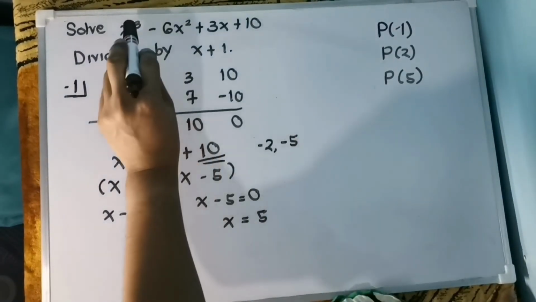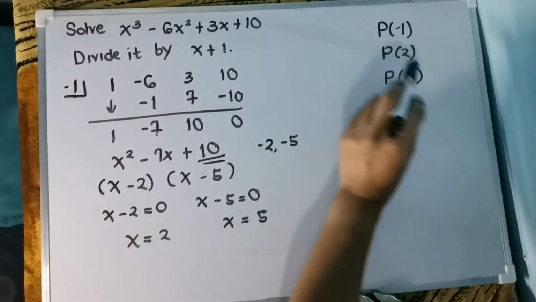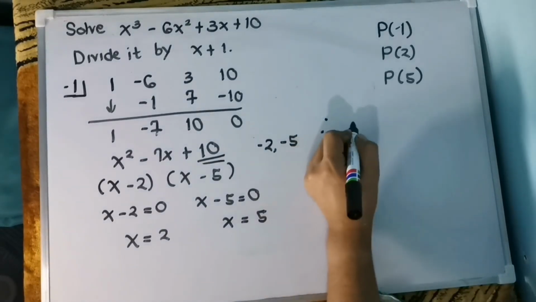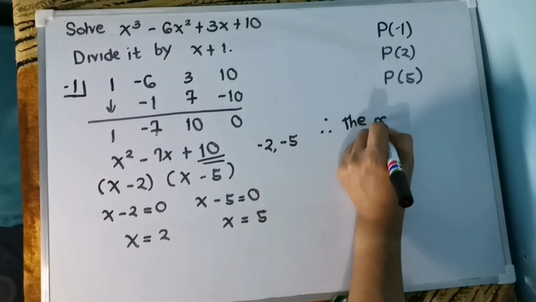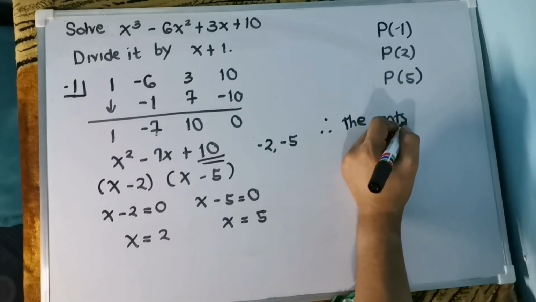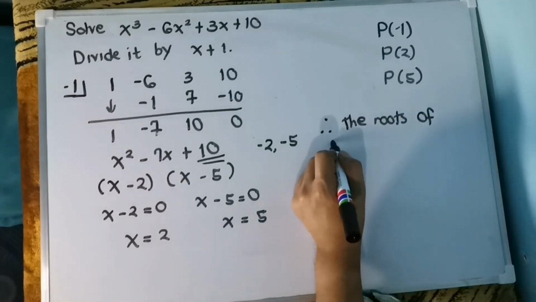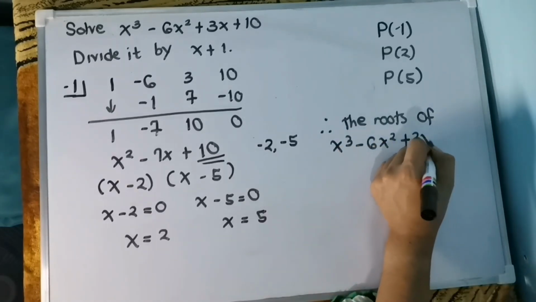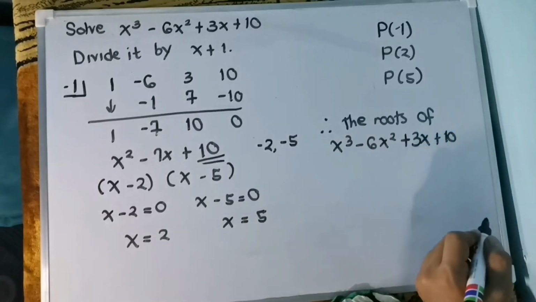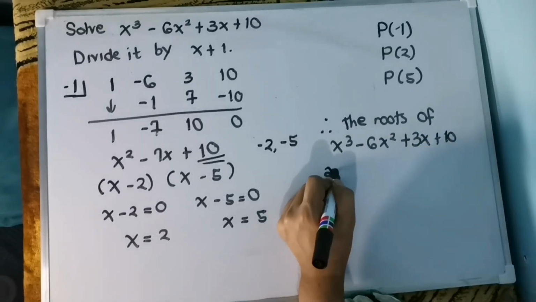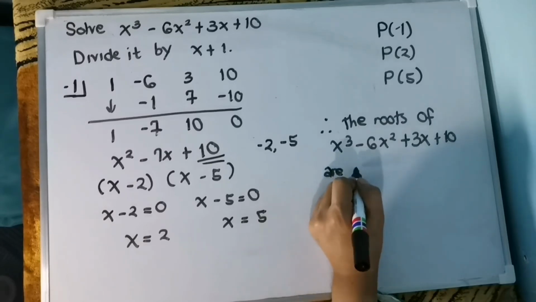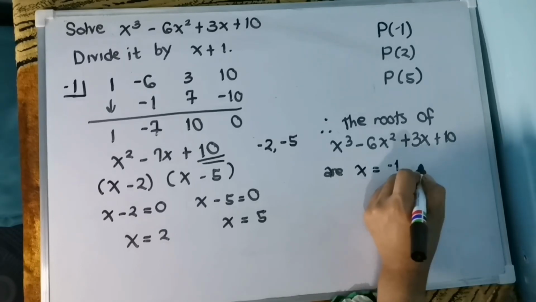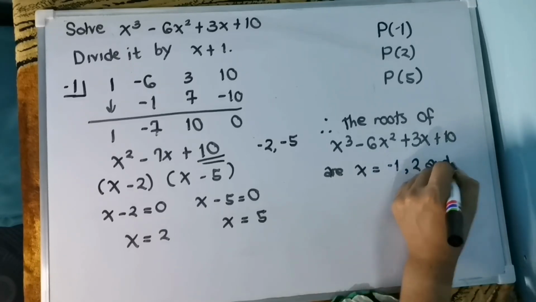P of 2 will become 0. And then p of 5, pag sinubstitute natin dito yung 5, that will be 0. So we can conclude that, therefore, the roots of x cubed minus 6x squared plus 3x plus 10 are x equals negative 1, 2, and 5.